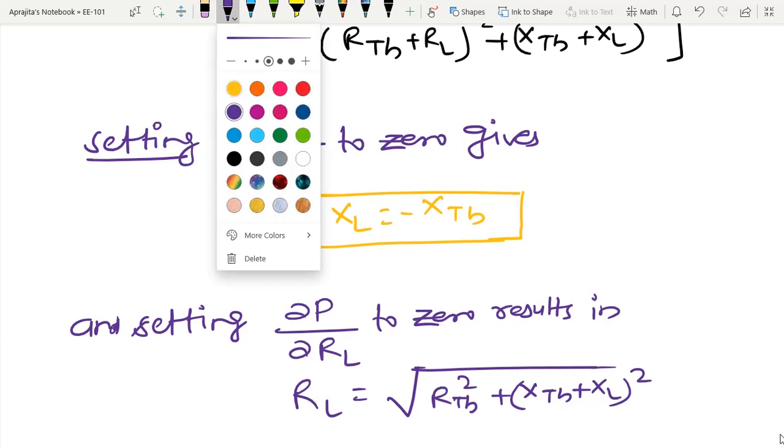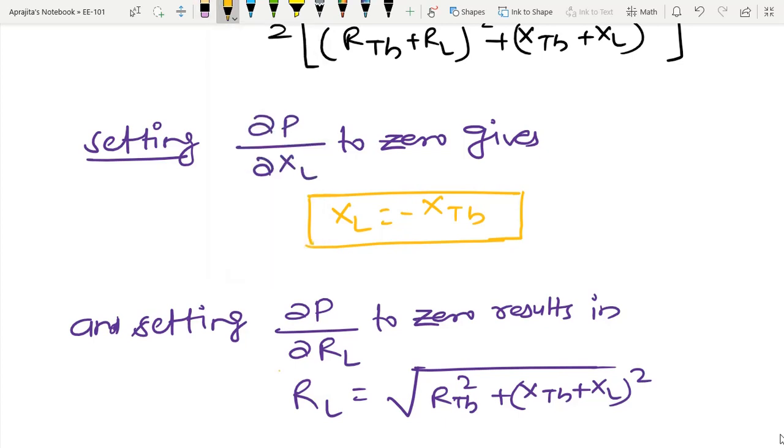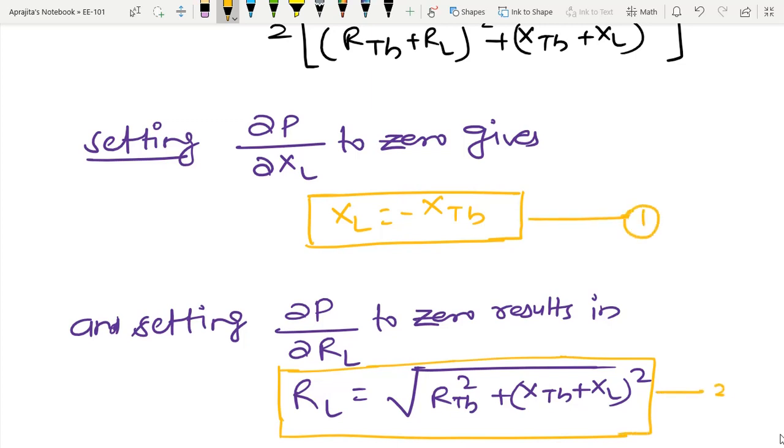This is the expression for RL. Suppose this is equation 1 and this is equation 2.